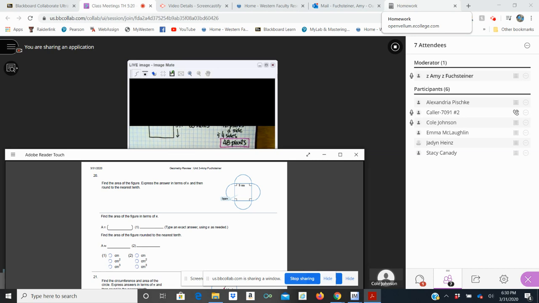So the area of this figure is the area of the square plus the area of 2 full circles. Keeping in mind that if I put this half circle together with this half circle, I would have 1 full circle.